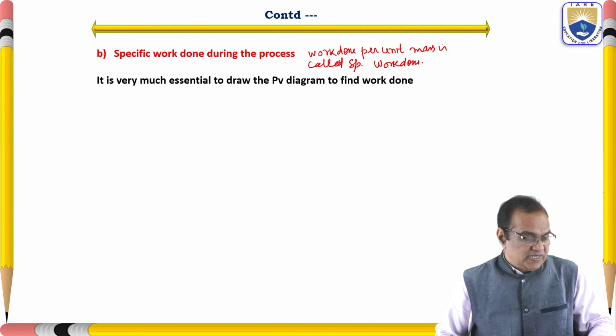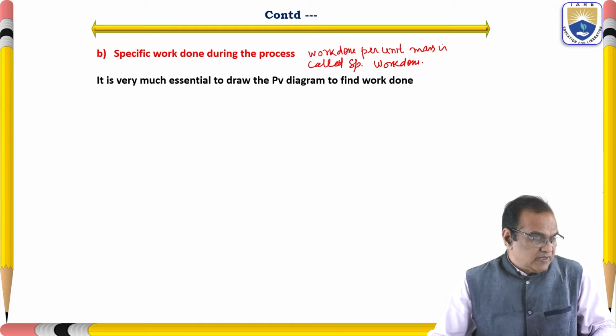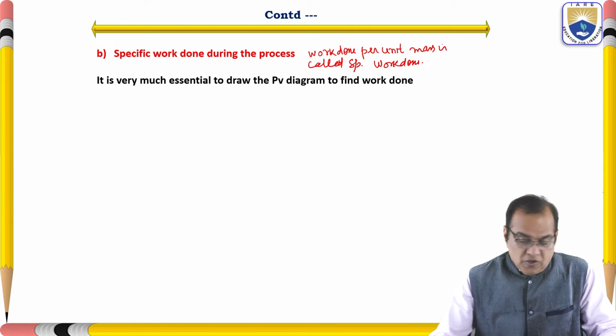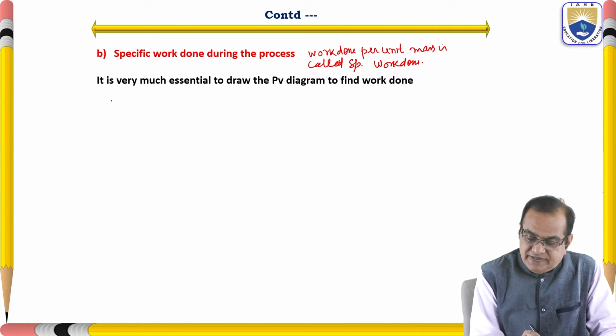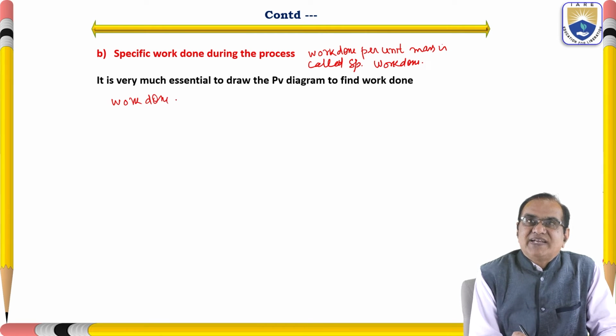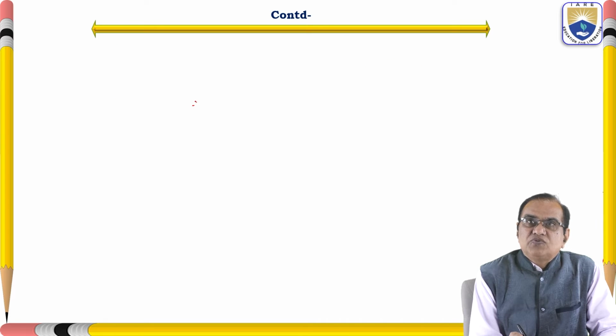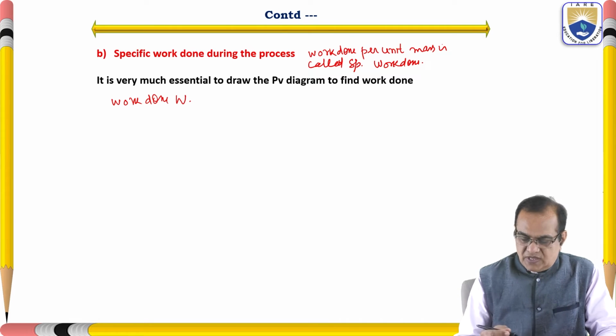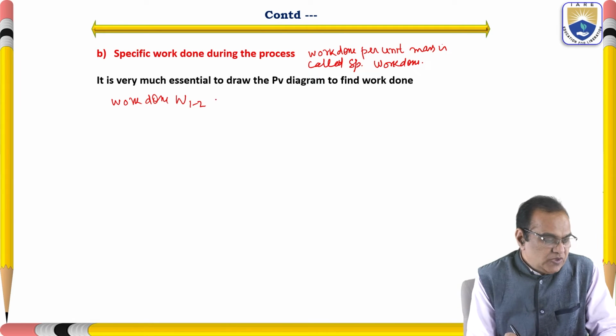Okay, so we know that the work done from 1 to 2 is equal to the integration from 1 to 2 of P dV.